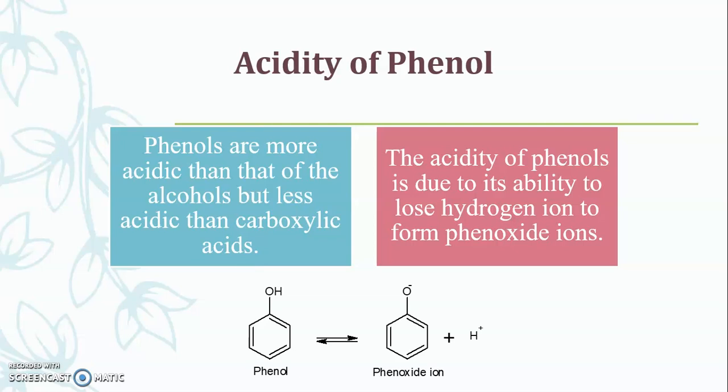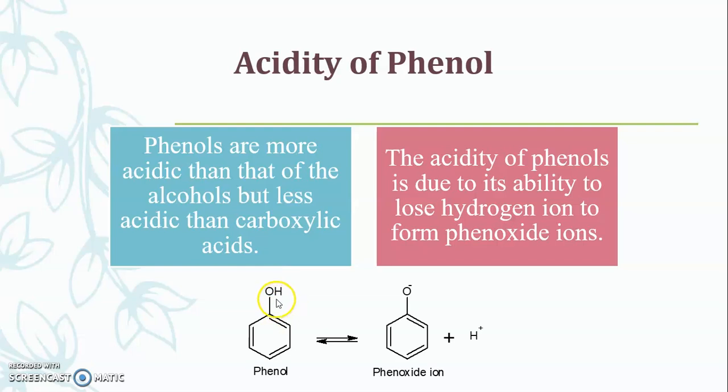So here this hydroxyl group, that is the phenolic hydroxyl group, when it is directly attached to the aromatic system, it shows the electron donating resonance effect, due to which the oxygen atom donates its electron to the aromatic system, and the bond between the oxygen and this aromatic system becomes strong.